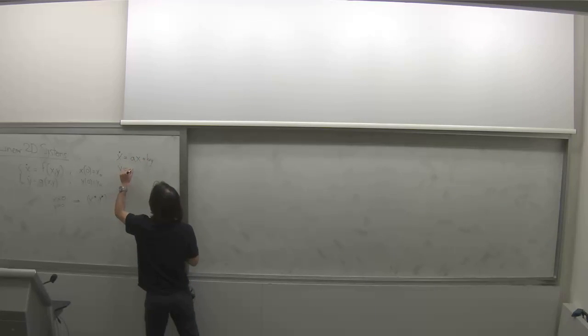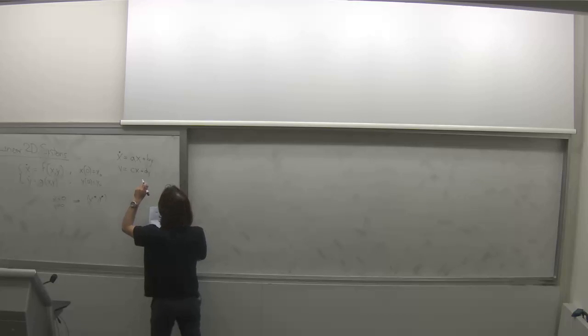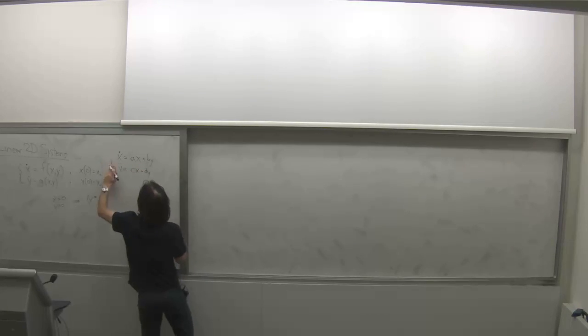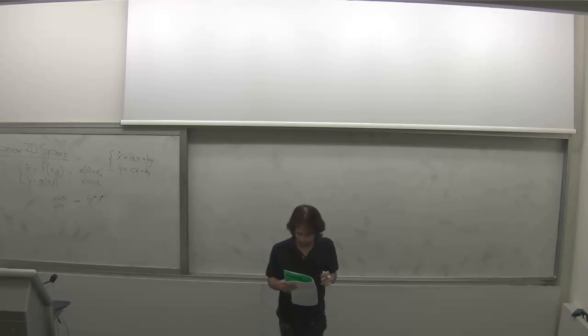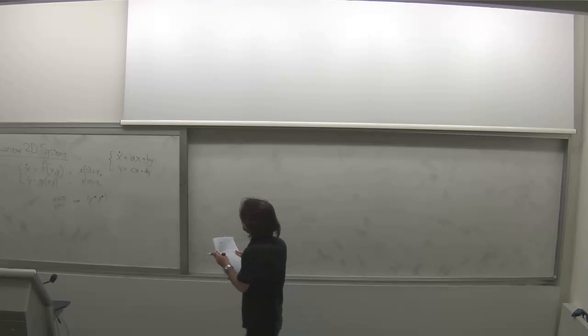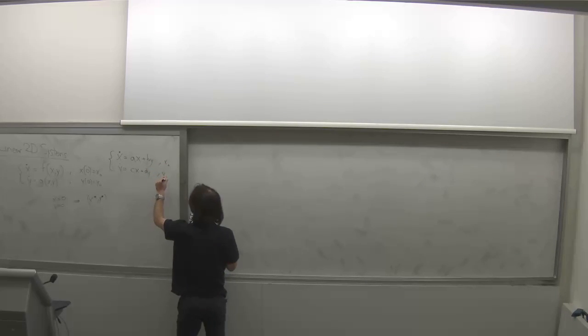And y dot equals cx plus dy, where d is just a constant here. And of course, we're given x0 and y0.